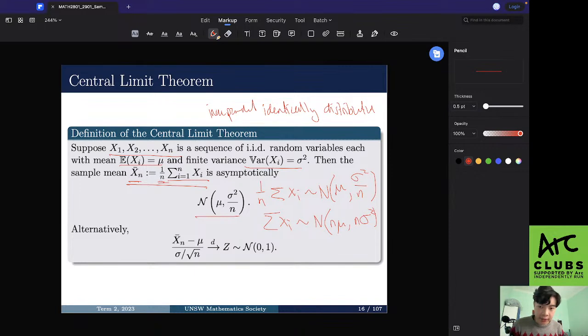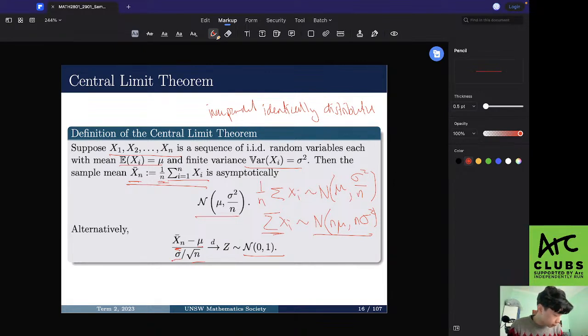So what we've shown here is that for a large n, the mean and the sum are normally distributed. Generally, we write it like this, where we have the mean minus mu over sigma over root n converging in distribution to the normal distribution.